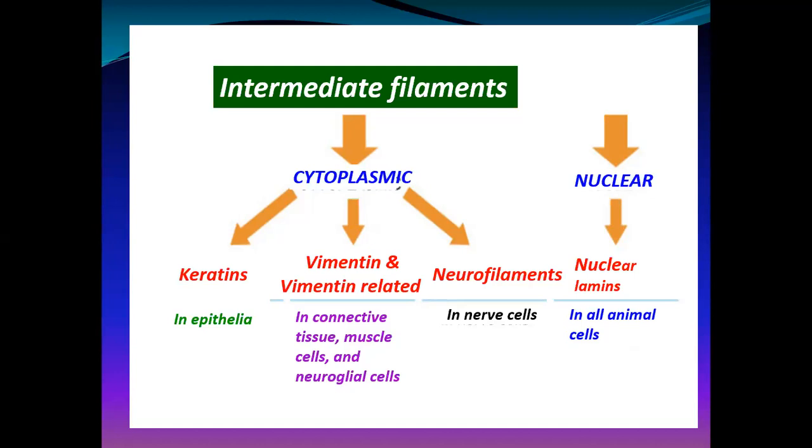And another one is called neurofilaments. That you find in nerve cells. Inside the nucleus, you have another protein called nuclear lamins. In all animal cells, you have the nuclear lamins. So intermediate filaments are of two types, cytoplasmic filaments and nuclear filaments.